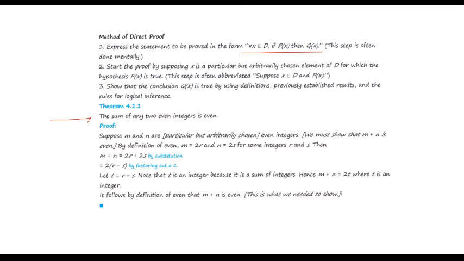What is the conclusion? m plus n is an even integer. So how about the second step of the proof? In the second step of the direct proof method, we need to come up with the argument that m and n are particular but arbitrarily chosen even integers, right?